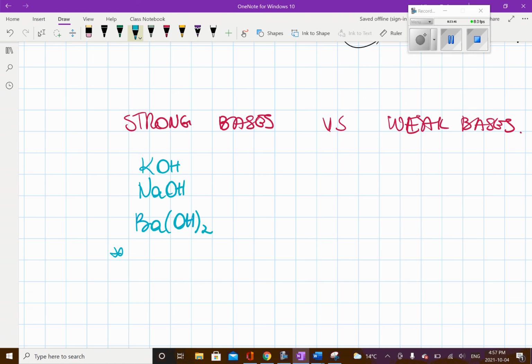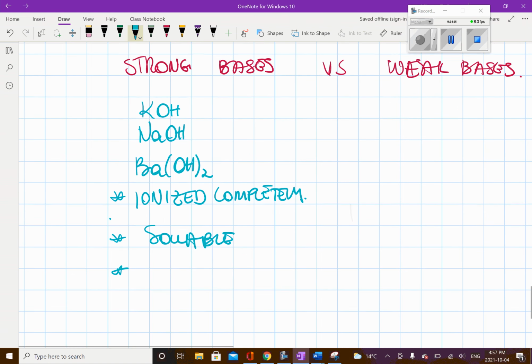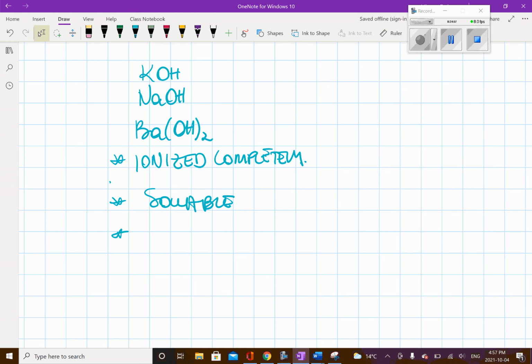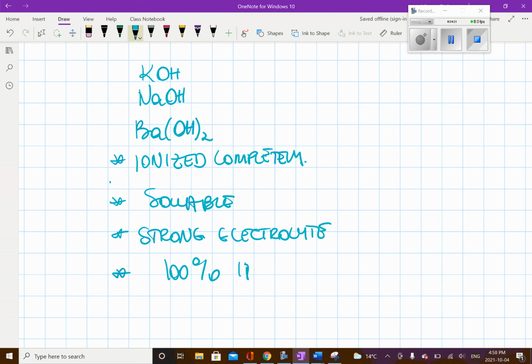They are ionized completely. They are soluble, and they are strong electrolytes, therefore, because they are ionized completely. Strong electrolyte, and 100% ionization.